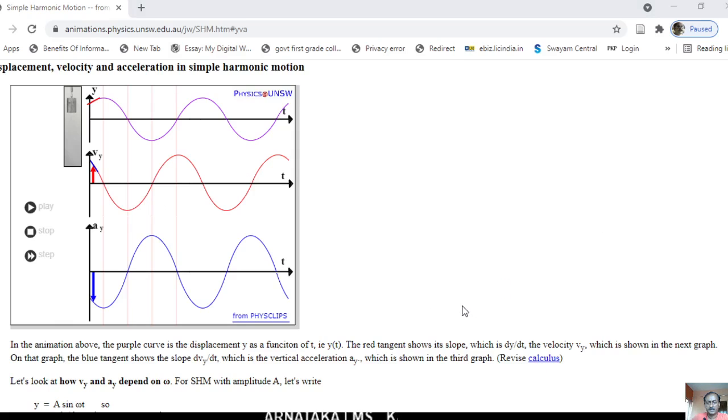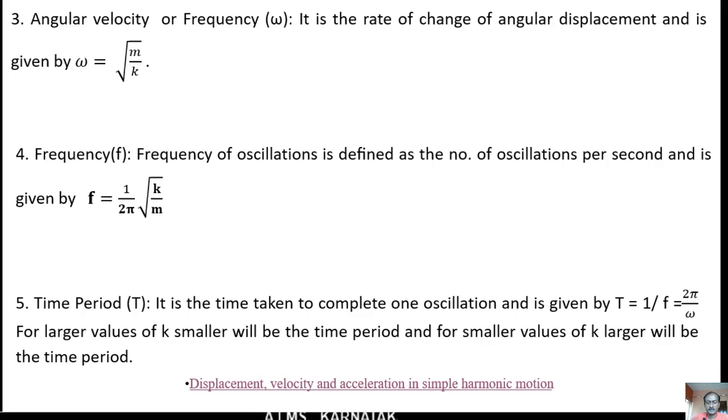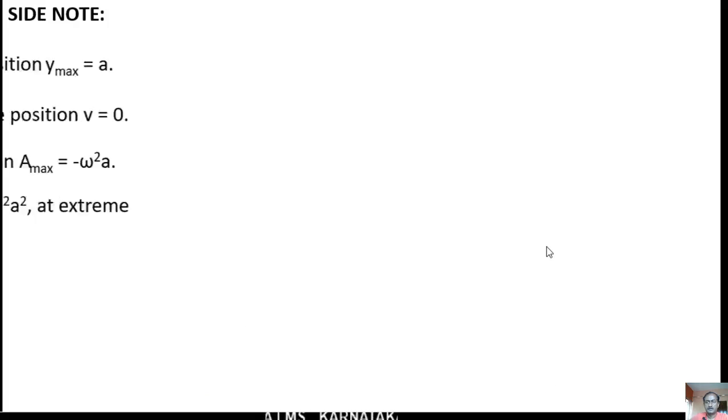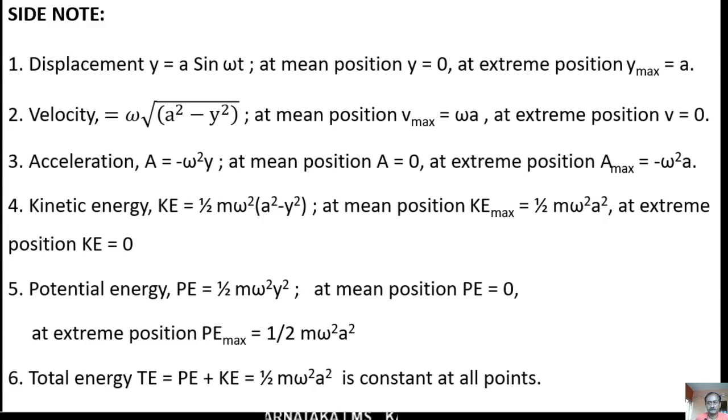Now, I think you understand this concept. Let us see the side note. Displacement of the particle along the y-axis is given by y equals a sine omega t. At the mean position, that is the equilibrium position, y equals 0, because the displacement is 0 at the mean position.